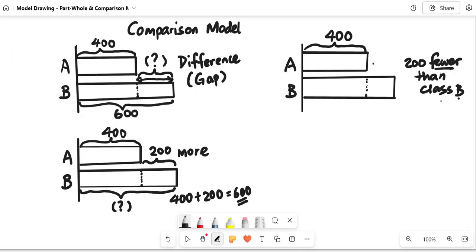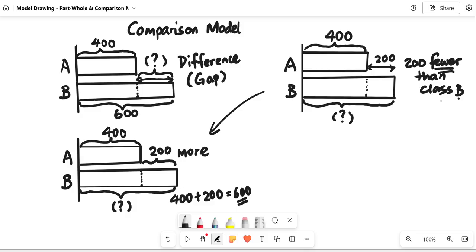And the fewer, it's over here, similar to the previous model over here. However, the word is fewer. Okay, class A collected 200 bookmarks fewer than class B. And therefore, class B's model is longer. And again, how many bookmarks did class B collect?